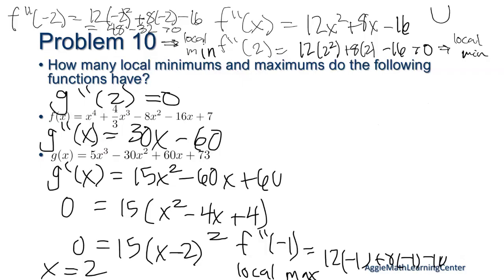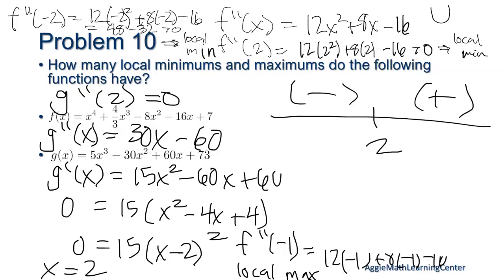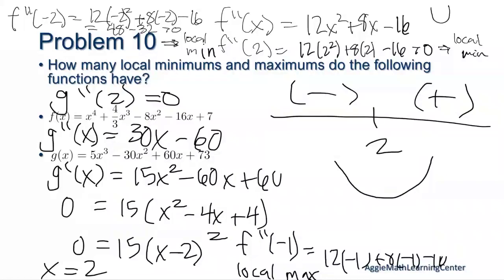So, draw myself a number line. This is how you use the first derivative test. So x is equal to 2. We're talking about the first derivative here, and we want to know, what does it do? Does it change from decreasing to increasing? If it was negative and then positive, that means the original function is decreasing and then increasing, and it would be a local minimum.